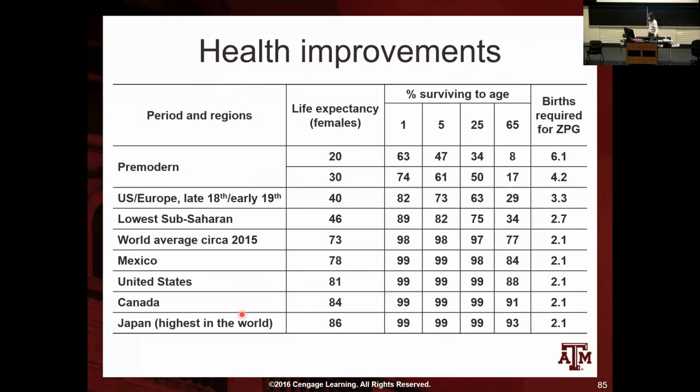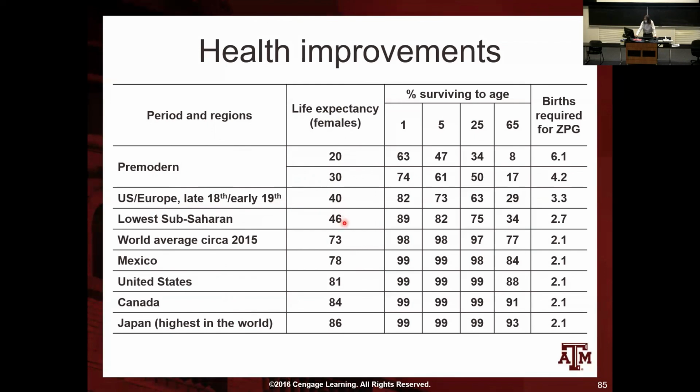Health improvements: this is a table that summarizes the overall improvements in health. As we talked about in the previous slides, life expectancy at birth was between 20 and 30 years in pre-modern societies, and this case here is data for women. In the US and Europe in the late 18th and early 19th century, it increased to 40.